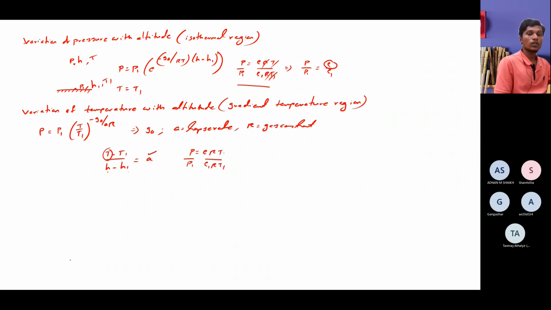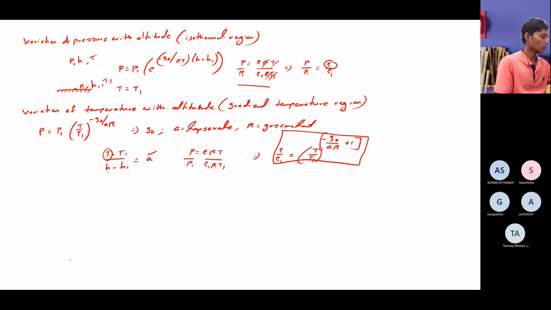Just transfer this P1 here and substitute the remaining right-hand side. Then you will get rho by rho 1 equals T by T1 to the power of minus g naught by AR plus 1. This is also one of the important equations. That's how you can find the variation of density with altitude in the gradient thermal region.